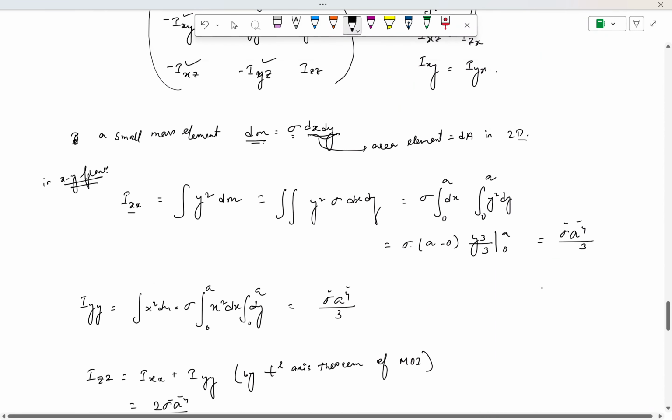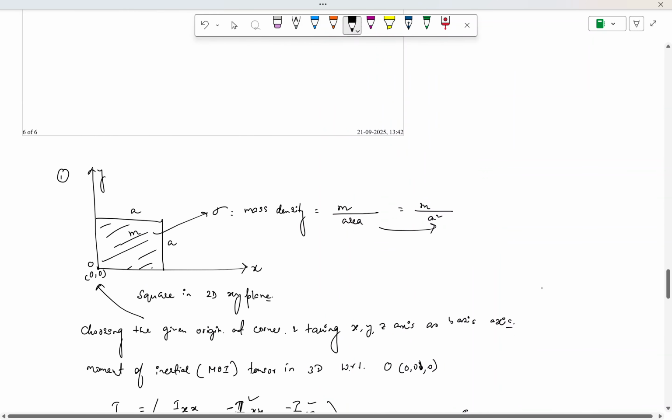If this is your square in this diagram and the whole mass is distributed over the square plane, but your origin is sitting at the corner of the square, that does not make this mass distribution symmetric with respect to the origin. If the origin had been at the center, then you could say that the mass distribution is symmetric about this central point.